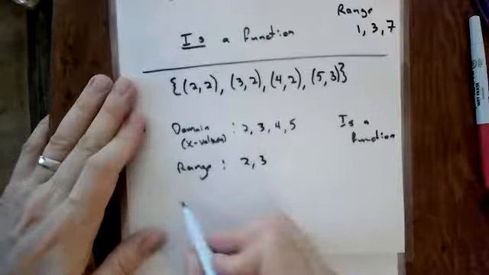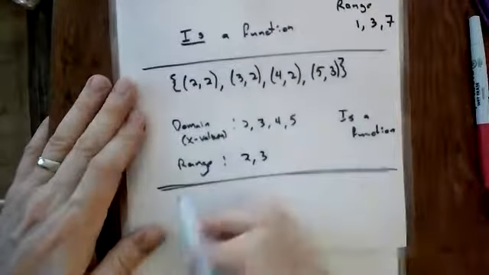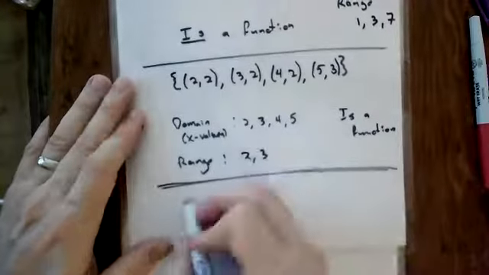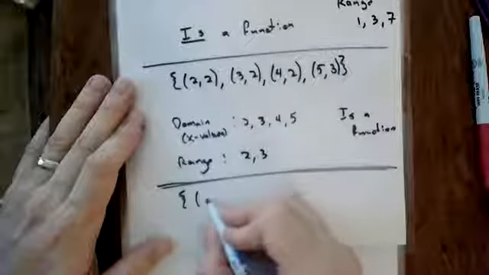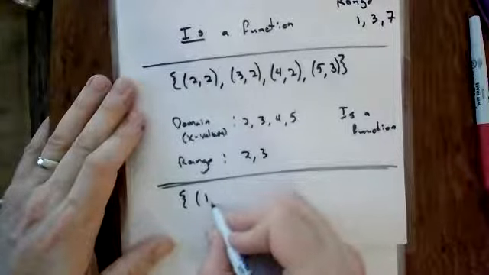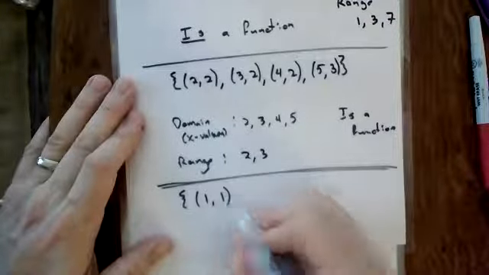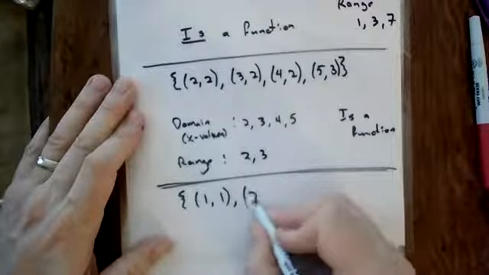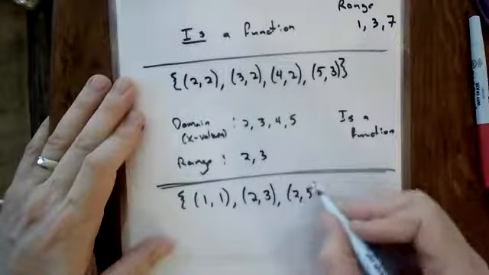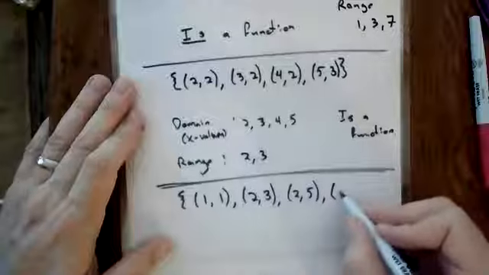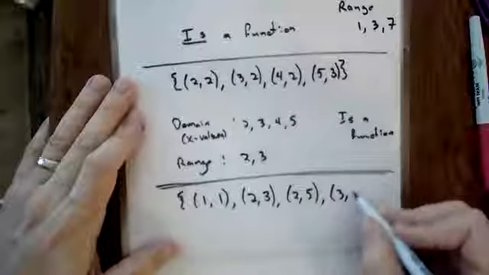Let's give an example of something that is not a function in this format. Let's say I've got 1, 1; 2, 3; 2, 5; 3, 1.